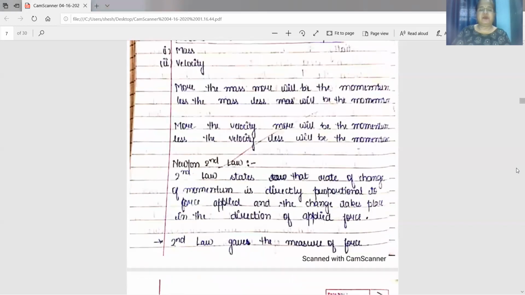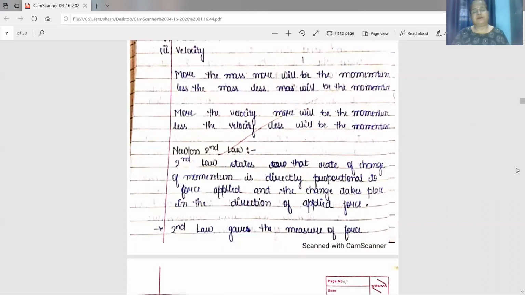Now, next you have to read Newton's second law of motion. Newton's second law of motion states that the rate of change of momentum is directly proportional to the force applied, and the change takes place in the direction of the applied force.